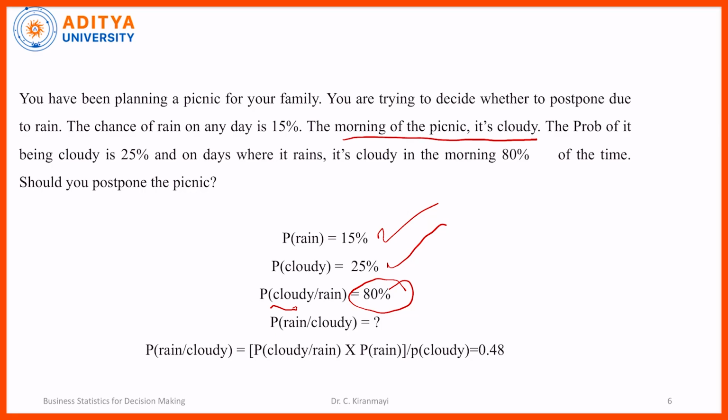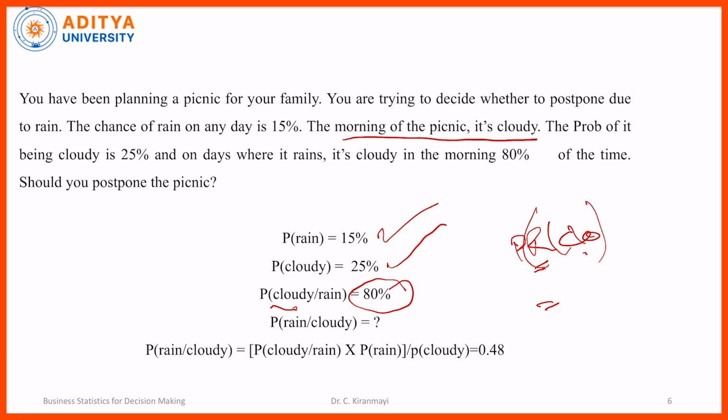What is given here is that the day is a cloudy day, and based upon the calculation of this conditional probability, he can find out, if a day is a cloudy day, what is the probability that the day is going to be a rainy day. Based upon this chance factor, he can make a decision regarding whether or not to postpone the picnic.